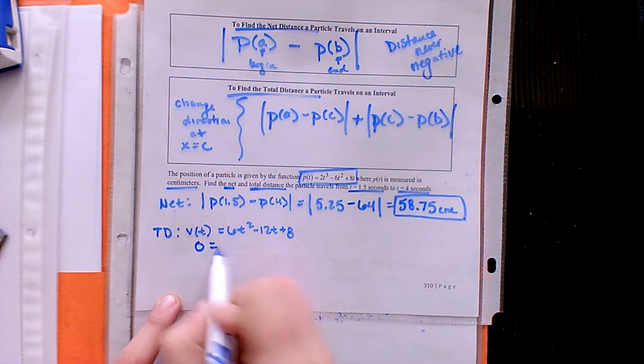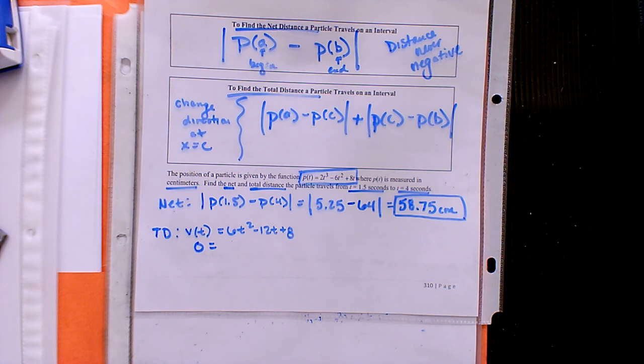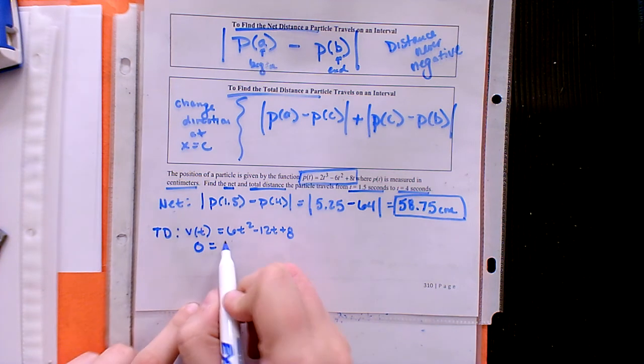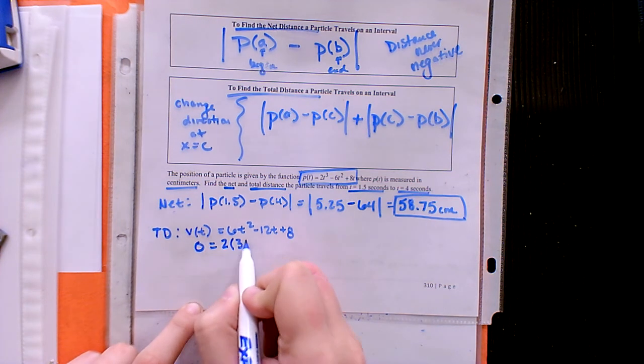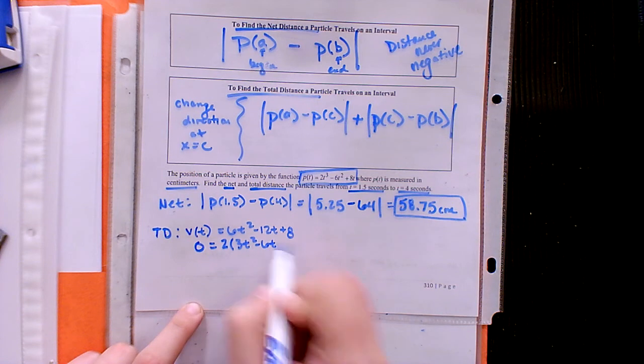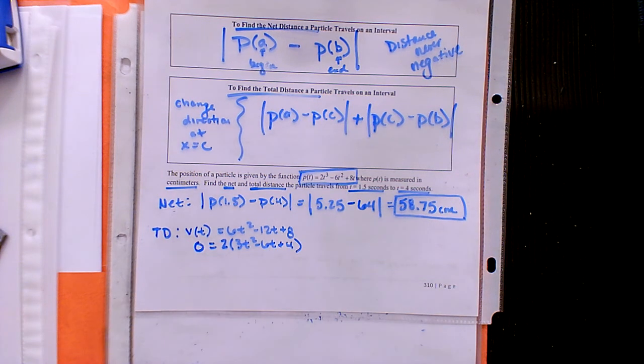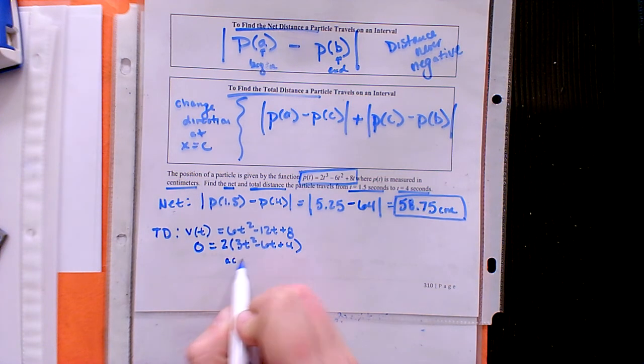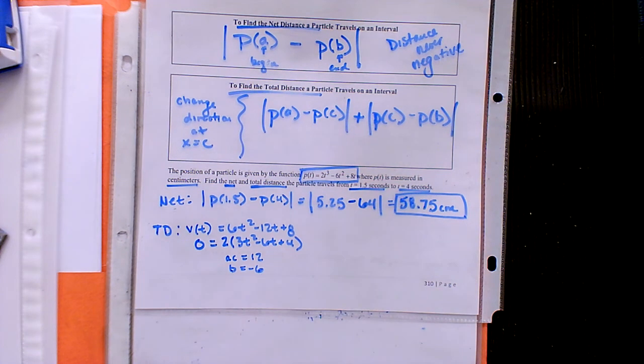So let's see if this equals 0 anywhere. Can we factor it? Take a 2 out. A times C is 12, B is negative 6.